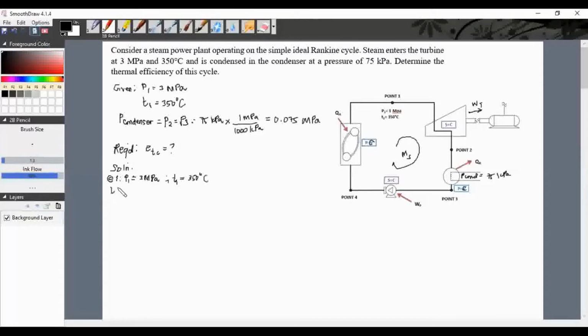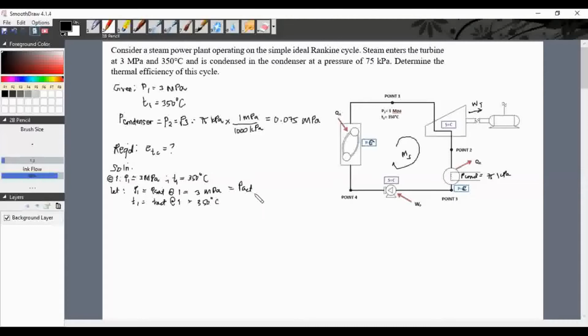So, let na lang natin let P1 be your P saturation at point 1. So therefore, this is 3 megapascal. So kukuha tayo ng values, no, sa steam tables. And then I have T1 is equal to T actual at 1, which is equal to 350 degrees Celsius.